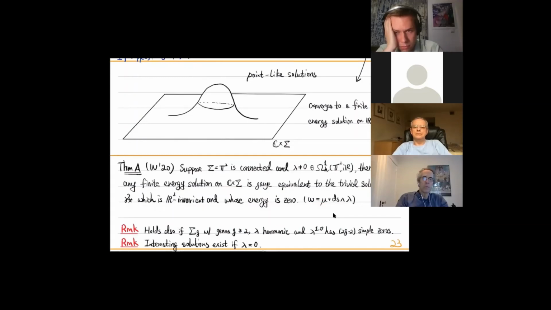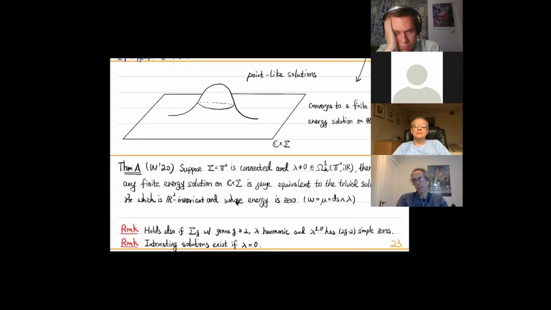So there are 2 additional remarks here. First of all, you may wonder what will happen for a higher genus surface. In that case, if we still assume this one form lambda is harmonic, and the 1,0 part of lambda has 2g minus 2 simple zeros, then theorem A is still true.